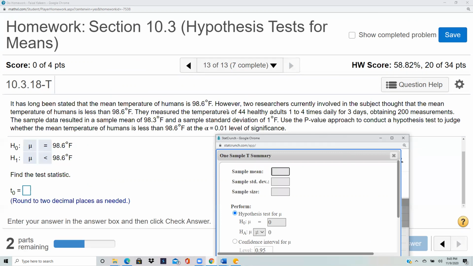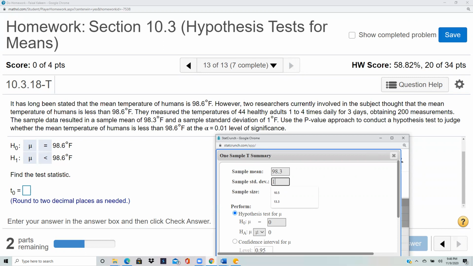They measured the temperature of 44 healthy adults, obtaining 200 measurements. The sample data resulted in a sample mean of 98.3. So 98.3. Sample standard deviation was 1. And the sample size will be 200 because it's the number of measurements we're interested in.